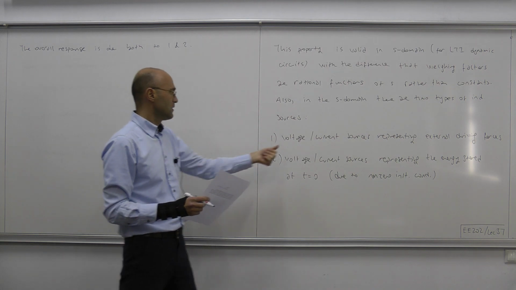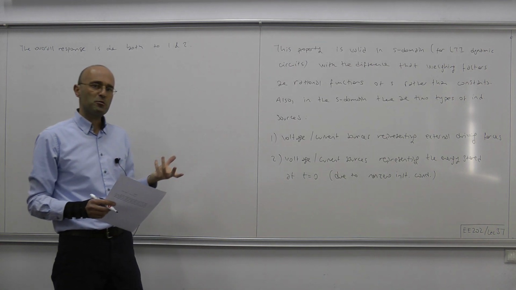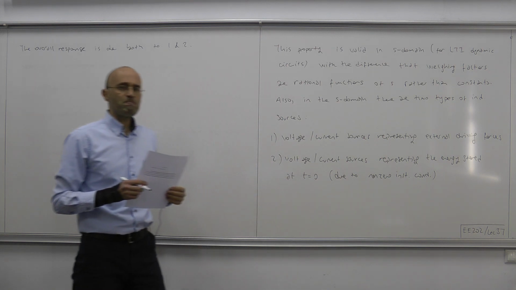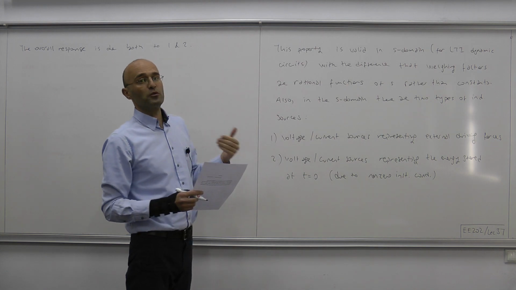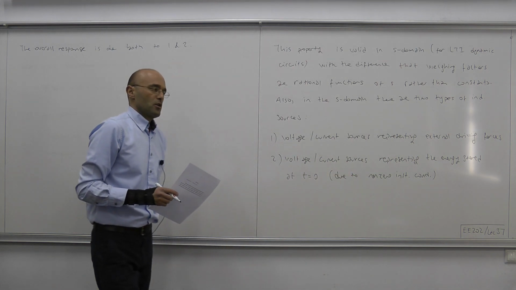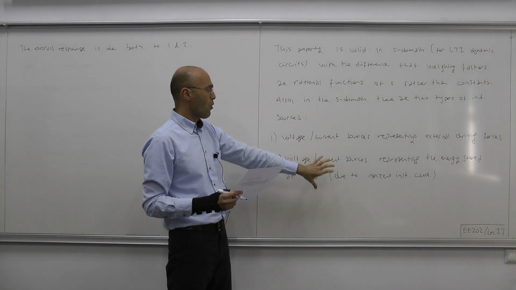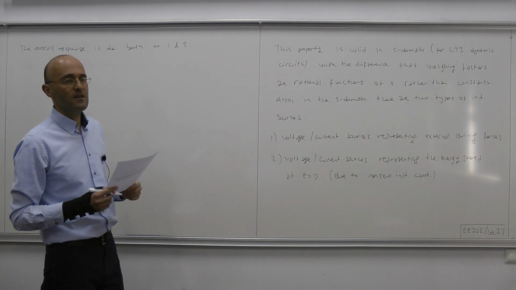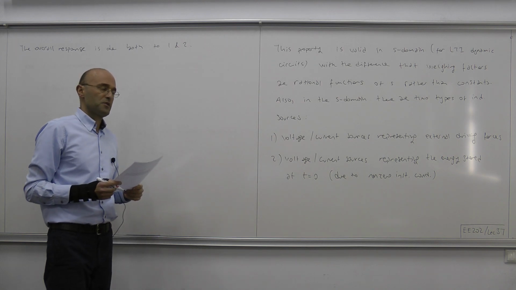And if we kill the sources of type 1 and figure out the response due only to the sources of type 2, then we obtain the so-called zero input response. You kill the input and figure out the response due to the initial conditions only. And since the circuit is linear, we can combine those two pieces, and what we obtain is the complete response, or the overall response.